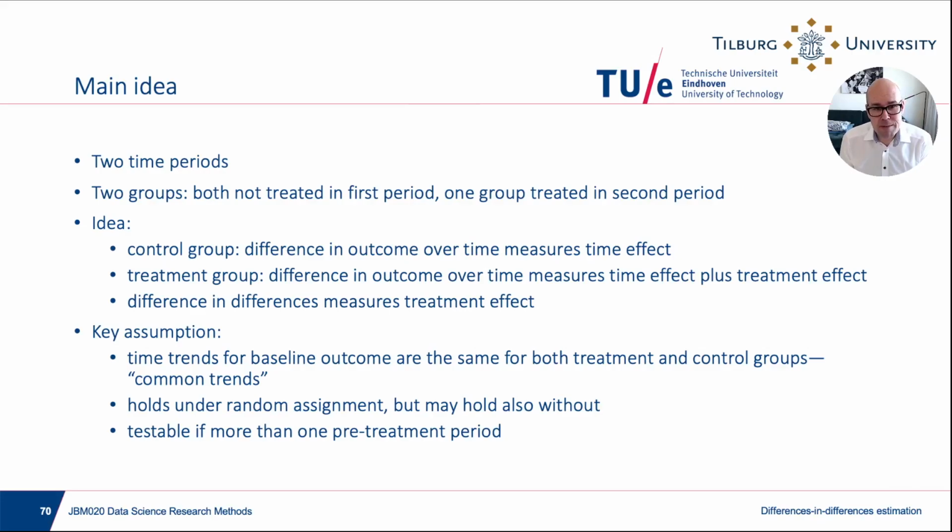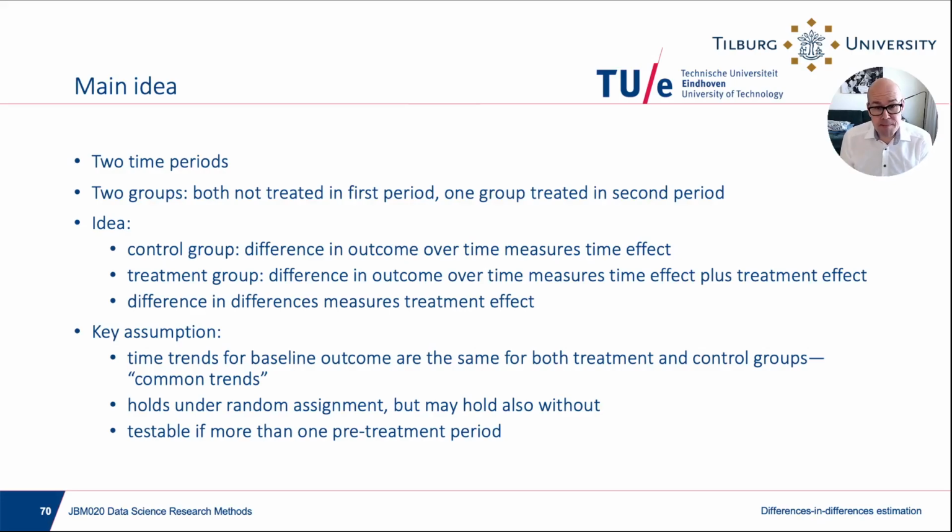However, treatment occurred in between the two periods or only for the second period. So that means in the first period, the treatment group is actually not treated and the control group is also not treated. And in the second period, the treatment group is treated, whereas the control group is not treated.